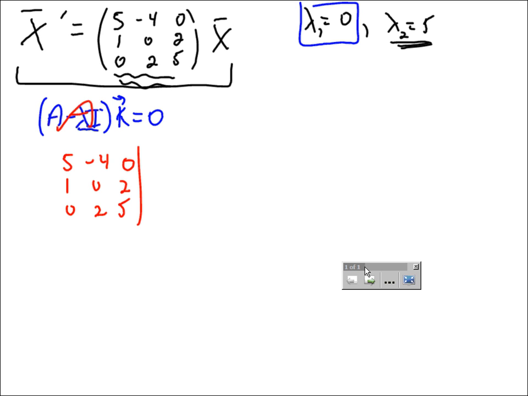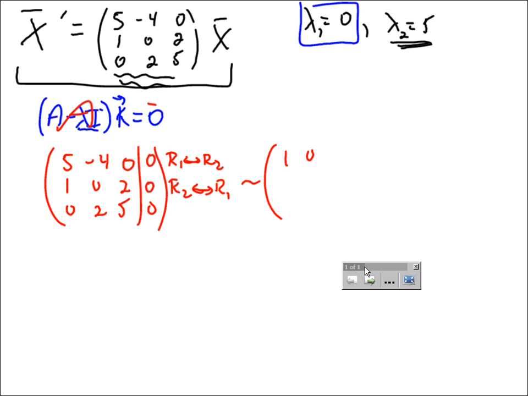And we augment it with the 0 vector. And we can interchange row 1 and row 2, for example, to get a 1 up there: 1, 0, 2, 0, then 5, negative 4, 0, 0, and 0, 2, 5, 0.